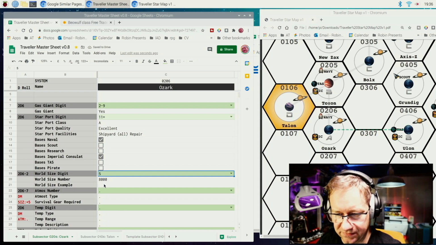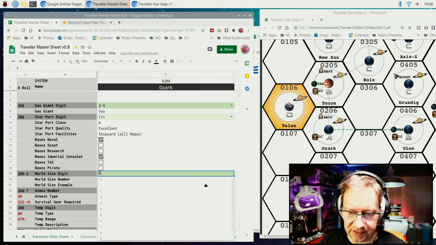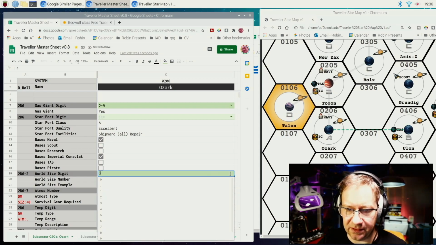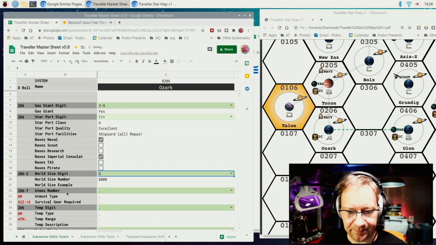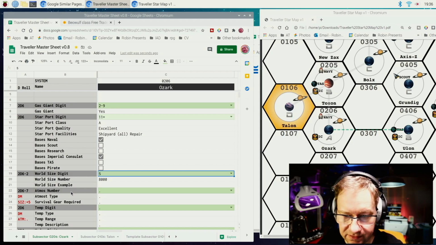So yeah, that's a 5, 8,000 kilometers. And there's some examples in here as well that I think it's like an 8 is the Earth size, yeah. 12,000. So we're on the way to being Earth size, but not quite. And the atmosphere is 2d6 minus 7, but then plus 5 for the fact that it's a size 5. You just add the digit.